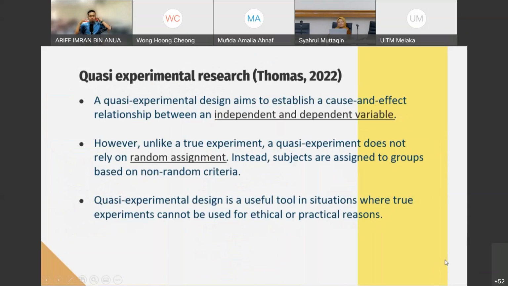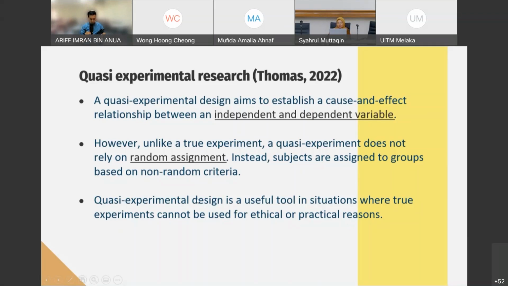The next is quasi-experimental research. This kind of research aims to establish a cause and effect relationship between the independent and dependent variable. The quasi-experiment does not rely on random assignment. The subjects are assigned to groups based on non-random criteria.